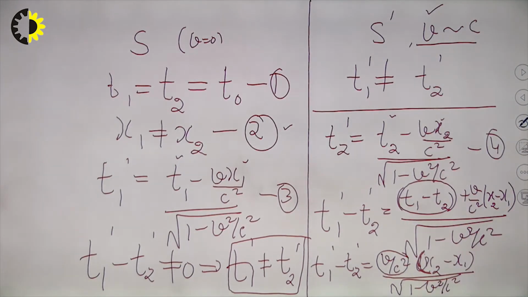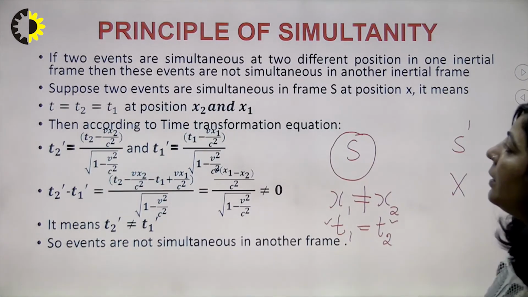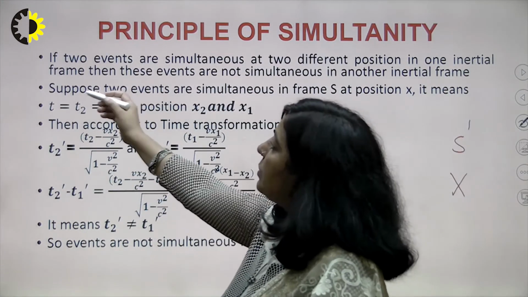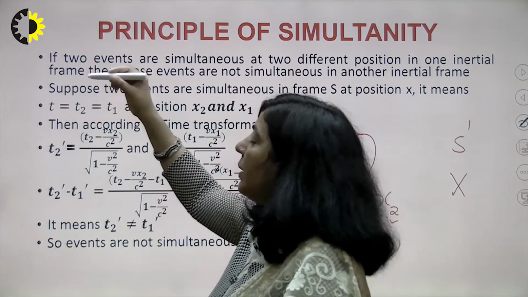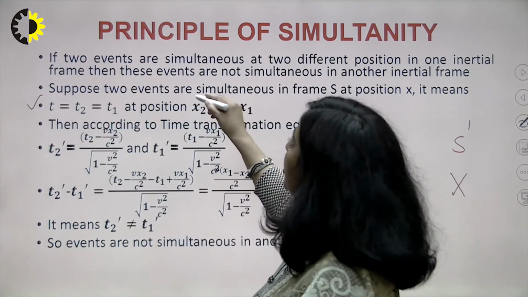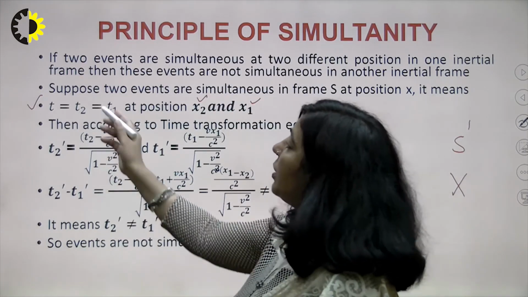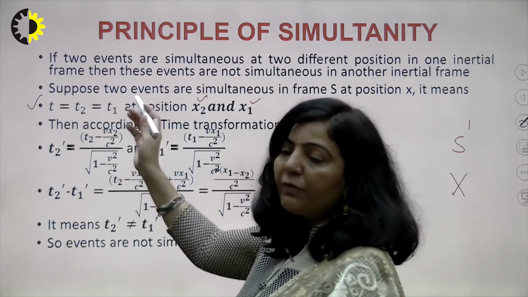Now I am showing you the slide in which the derivation of this principle of simultaneity is done. The process is the same. You have two simultaneous events at two different positions, one at x1 and the other at x2, and both events are simultaneous, so you write t1 is equal to t2.